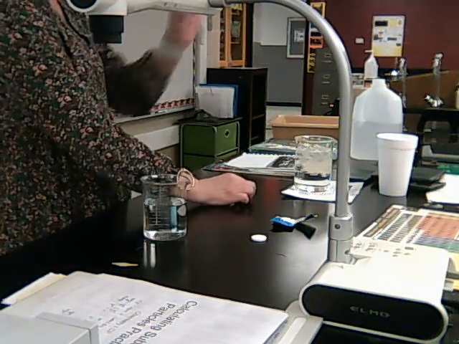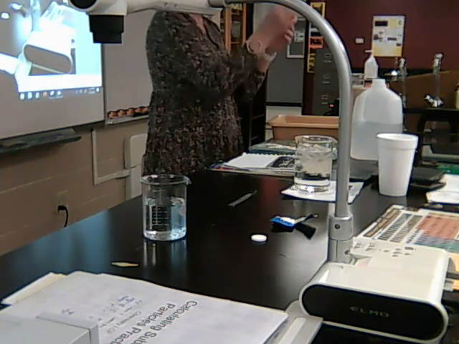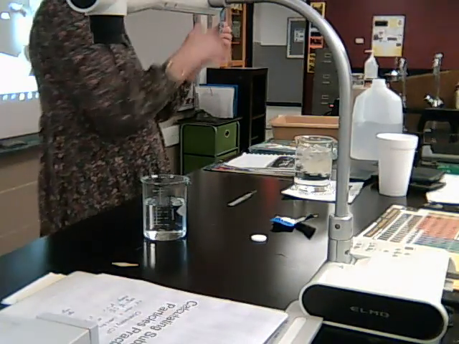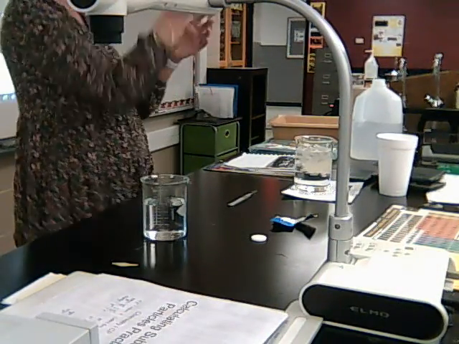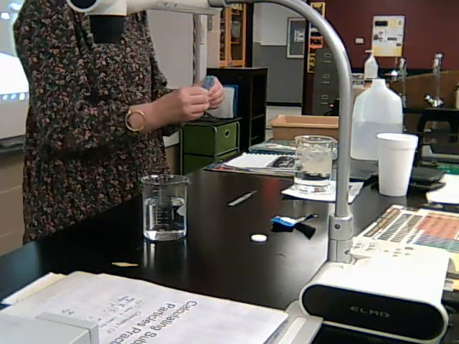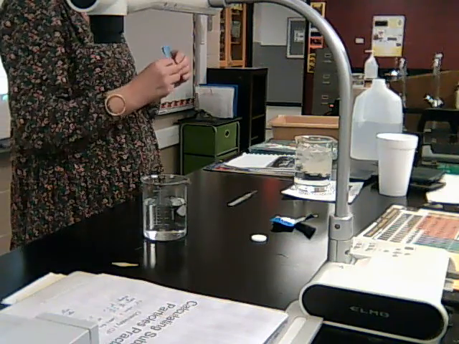And then my last tablet, I'm going to use this other one just because it's already in the package. I'm going to crush it up into small pieces. So I'm still going to have an entire tablet. I'm just going to break it in tiny pieces. So that's what I'm doing now.